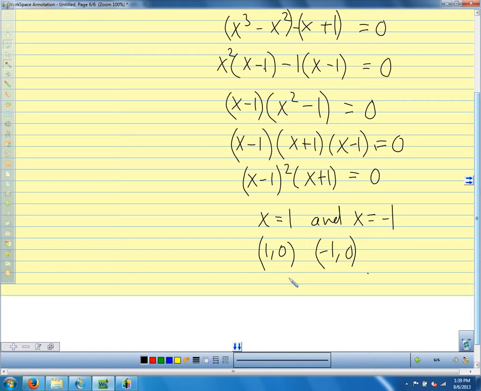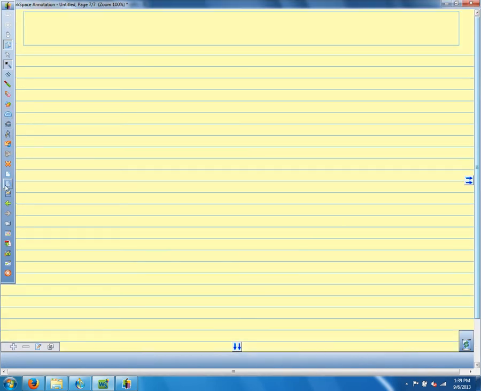That tells us something nice about the graph. So we have a nice rule that goes along with that.